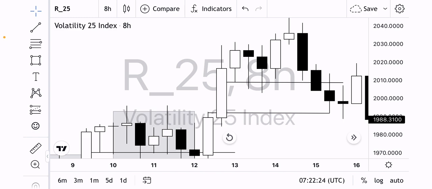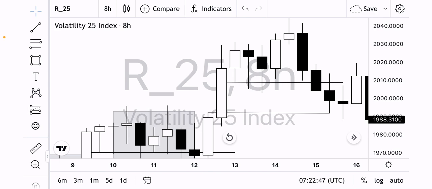No, it simply means the market is not balanced at that area, and the market seeks to balance every area of the market. That is why fair value gap is very important when you are picking out your POI. It is one of the major characteristics of picking out your POI.